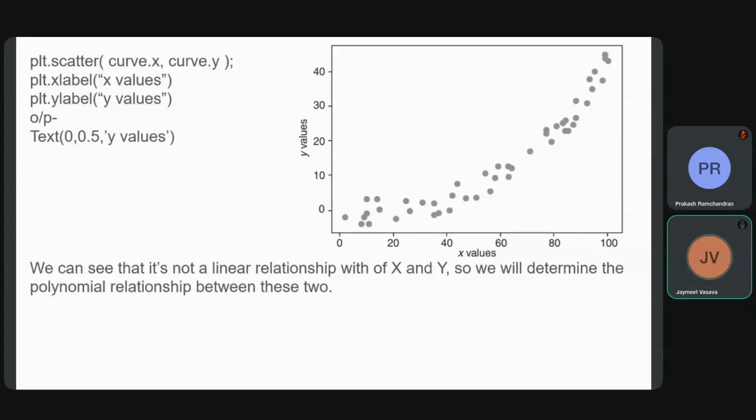Which means that instead of a linear relationship, there will be a certain degree to the relationship. So a polynomial relationship is present, as we can see from the shape of the plot.